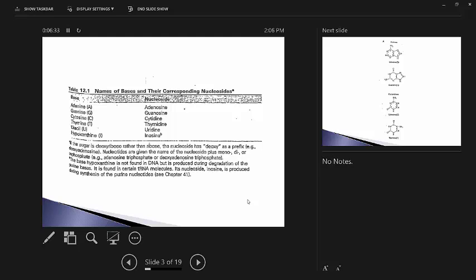Guanine is easy; guanine is guanosine. So it looks like you've got a pattern going: osine must be nucleosides, until you get to cytosine, which is the base, which then goes to cytidine, the nucleoside. So you have to be careful. It gets worse.